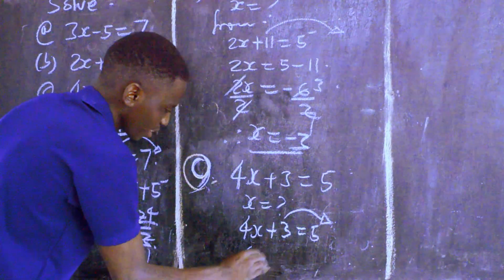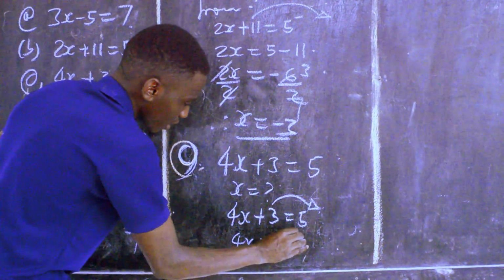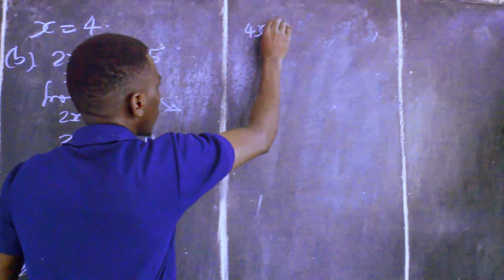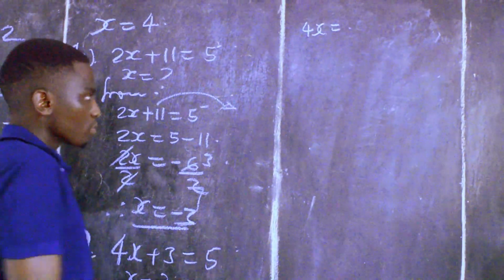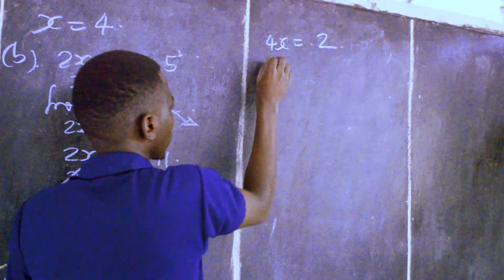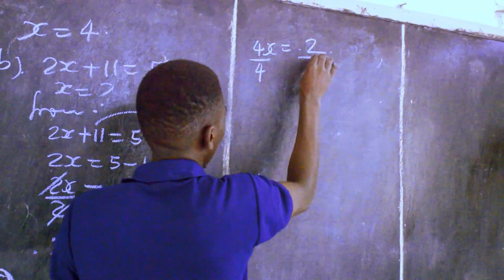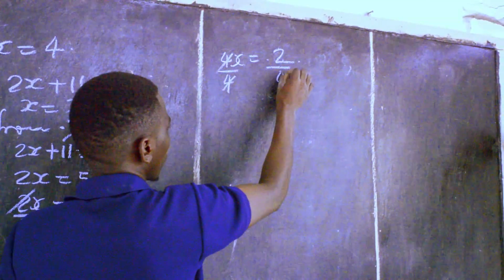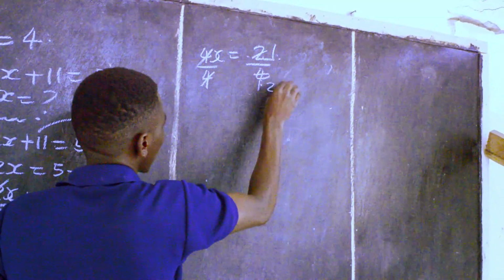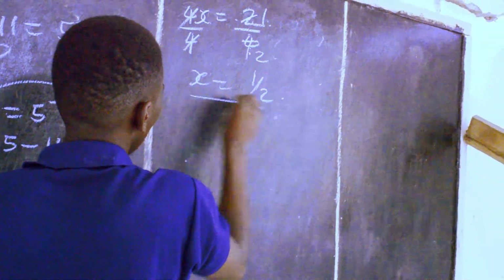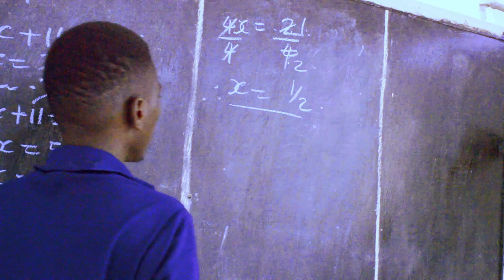So it remains 4x is equal to 5 minus 3, which gives 2. Then to get the value of x, you divide by 4 on both sides. This and this cancel. Here you simplify: by 2 get 1, by 2 get 2. So x will be equal to 1 over 2. This is the required value of x.